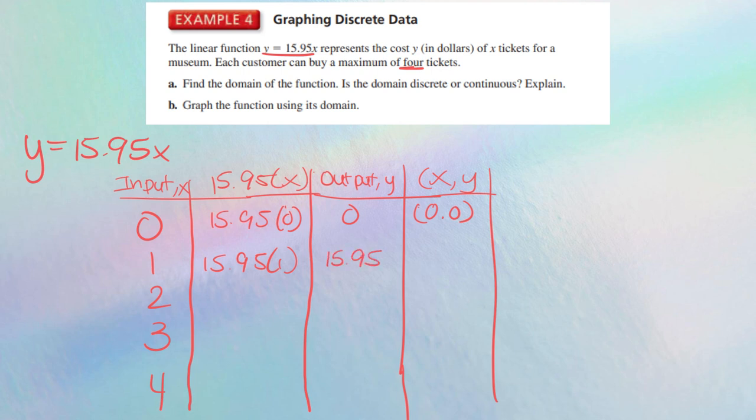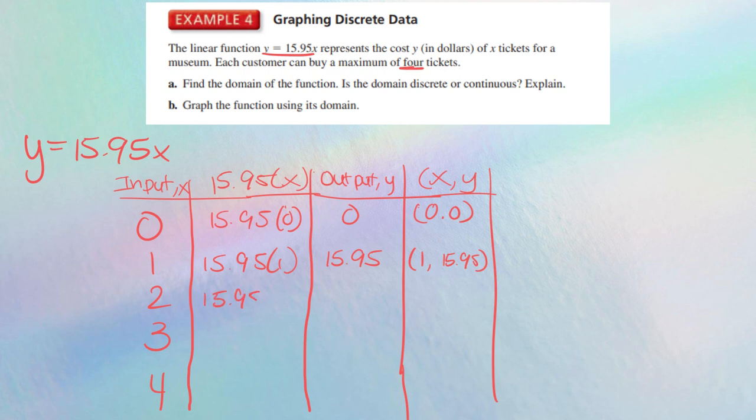What's 15.95 times 1? 15.95. So my ordered pair is going to be 1 and 15.95, correct?